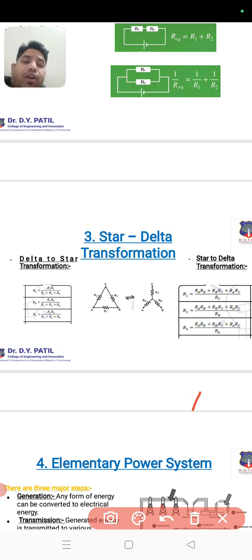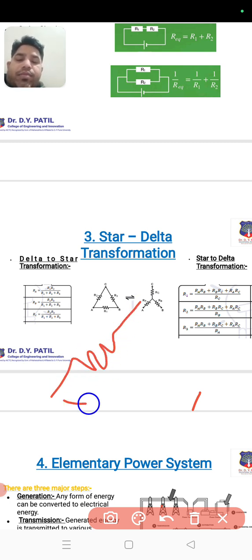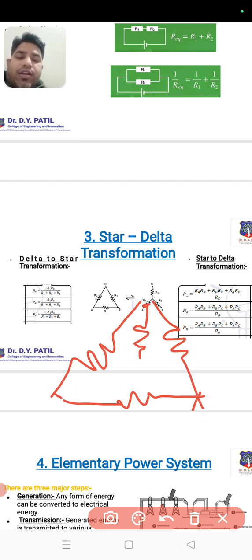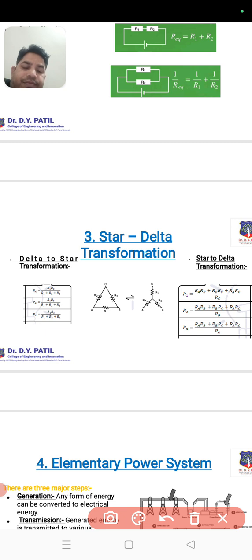For star to delta conversion, we consider the delta, inside of which there is a star, and we have to remove one branch. We have to remove one branch, meaning the circuit looks like that.